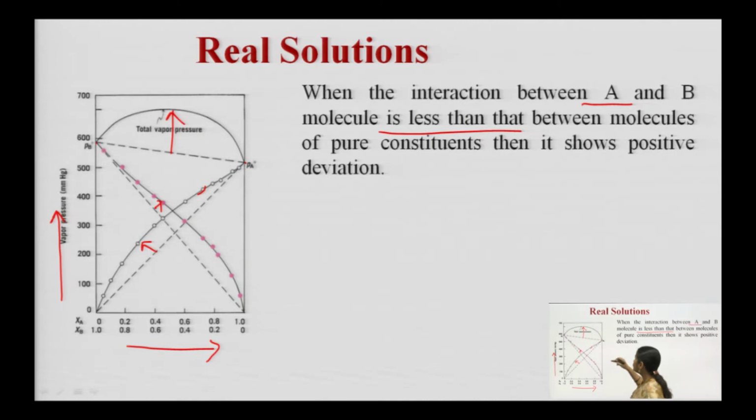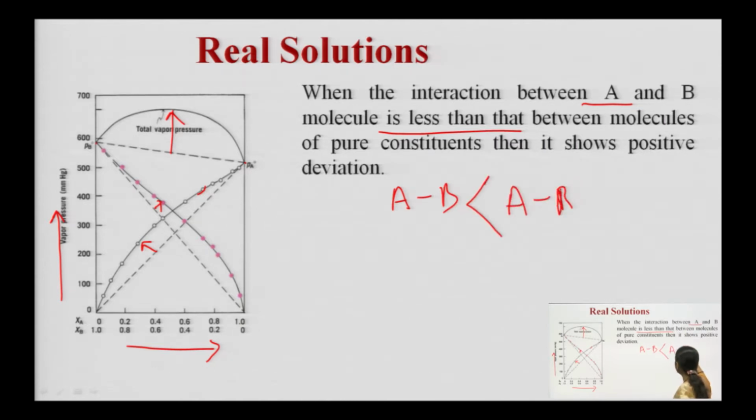As the vapor pressure is increasing, we can say that the interaction between A and B is less than the interaction between AA and BB. So, it shows positive deviation, which means it will not allow the formation of the solution.